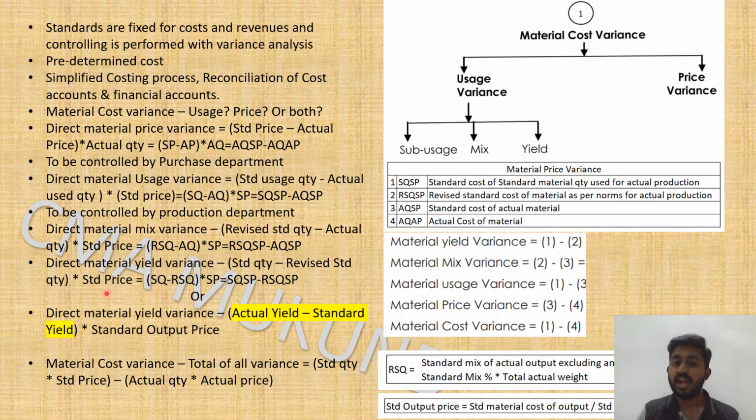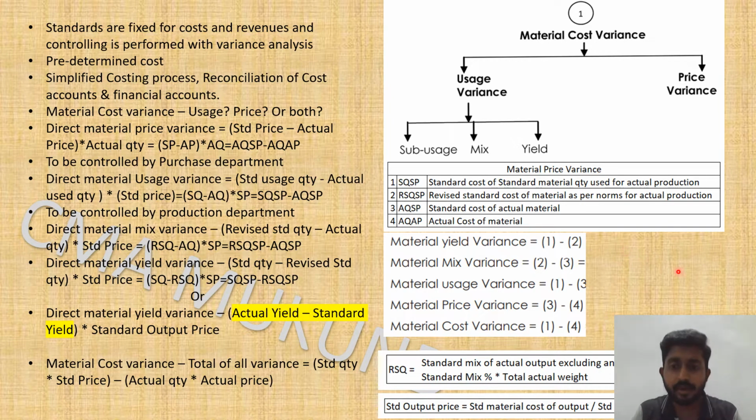For that output, whatever is the standard quantity is the standard. If you exclude that loss, whatever is the standard for producing without the losses will be the revised standard quantity. Many students get confused here, and all this confusion will be sorted out when you see an example problem. That is called material yield variance.